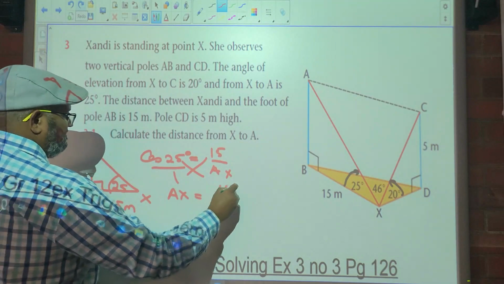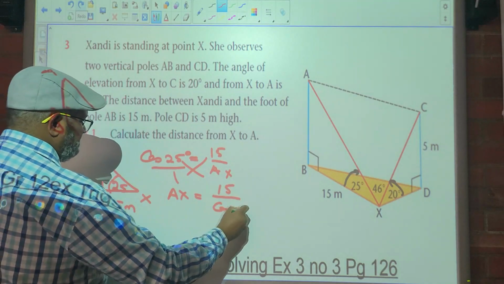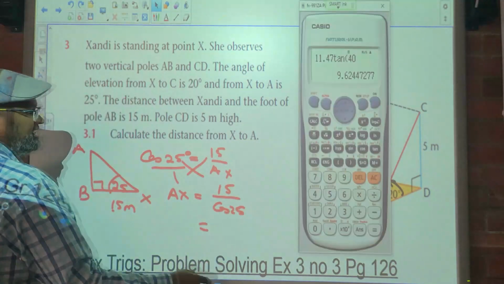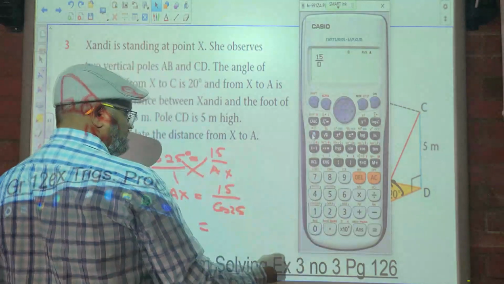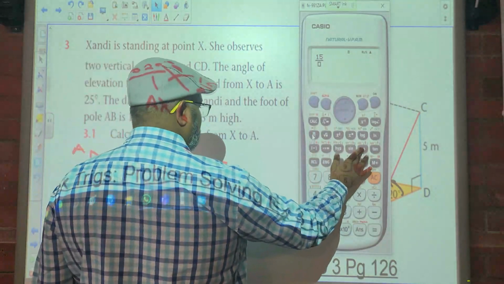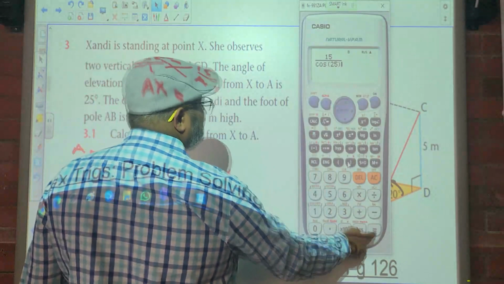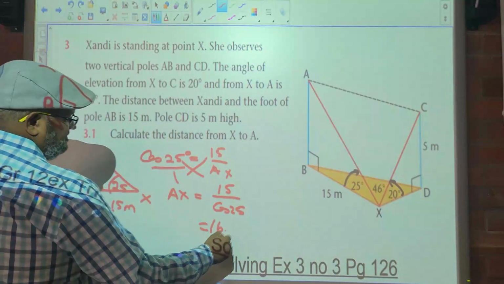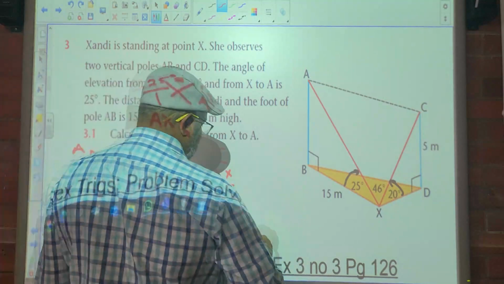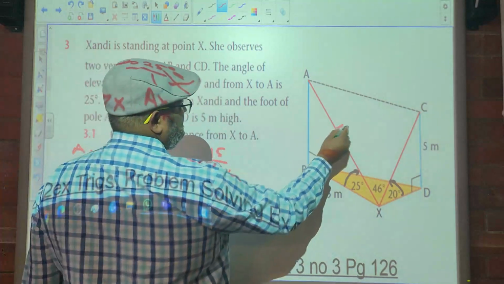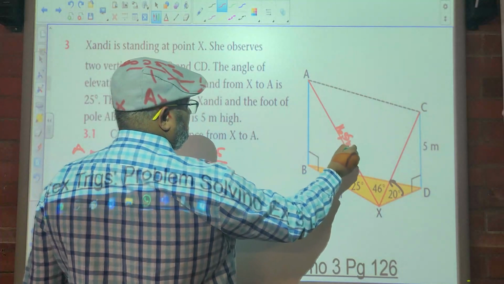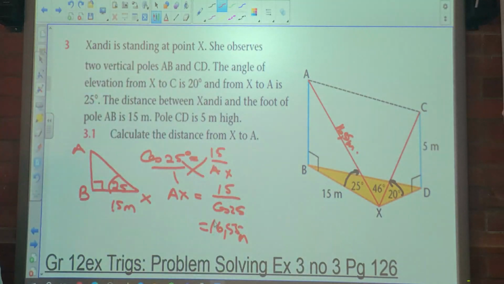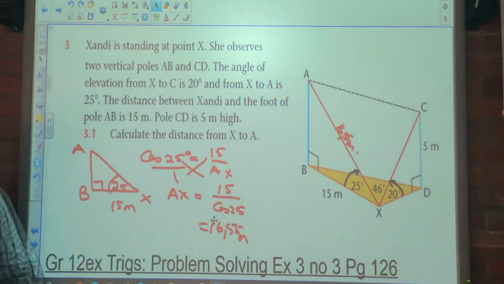So AX is going to be 15 over cos 25, which makes AX 16,55 meters. Any confusion there?